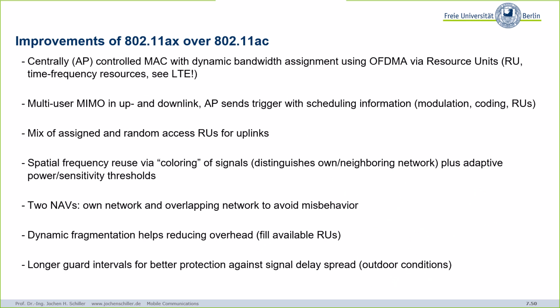I don't know what your opinion is, but if you read that it's now a centrally controlled MAC, you do something like dynamic bandwidth assignment. You have resource units, that means time-frequency slots. Yes, we use MIMO and all these nice things.